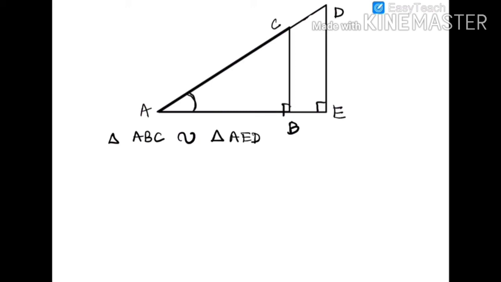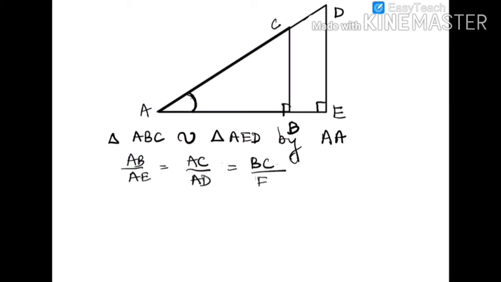We have not changed this angle A. So angle A is common to both these triangles, and hence one pair of corresponding angles are equal. The second pair of corresponding angles that are equal are 90-degree angles. So we can say that these two triangles are similar by angle-angle criteria. Since these two triangles are similar, their sides are proportional. So we can write down AB upon AE is equal to AC upon AD, which will be equal to BC upon ED.